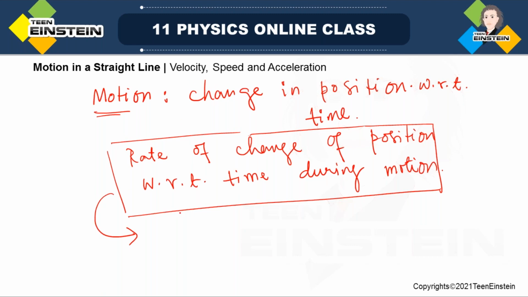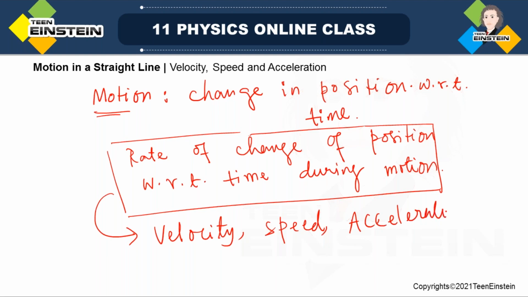We had to define a few physical parameters like velocity, then speed, then acceleration, etc. So in this we'll be learning what is called average velocity, instantaneous velocity, average speed, instantaneous speed, average acceleration, instantaneous acceleration.